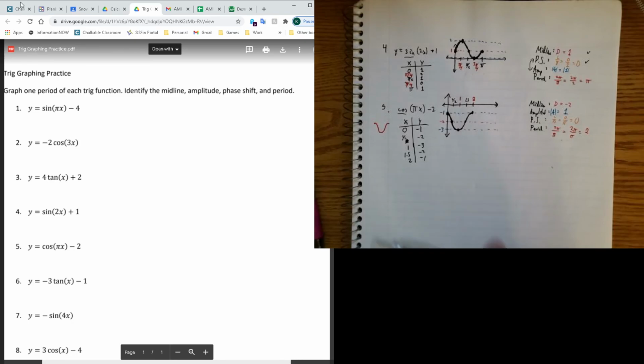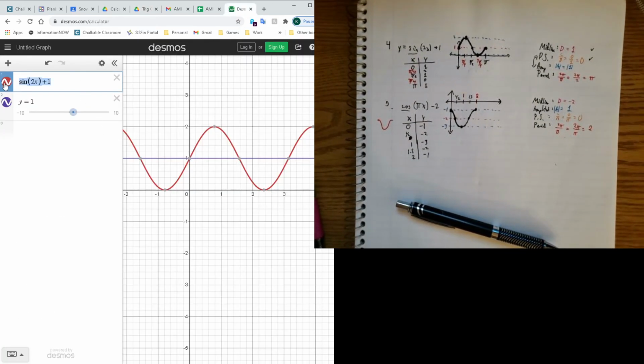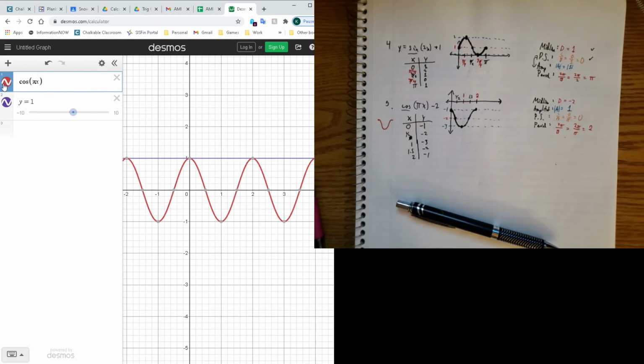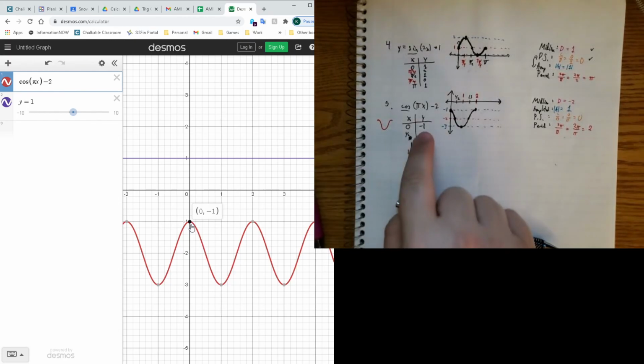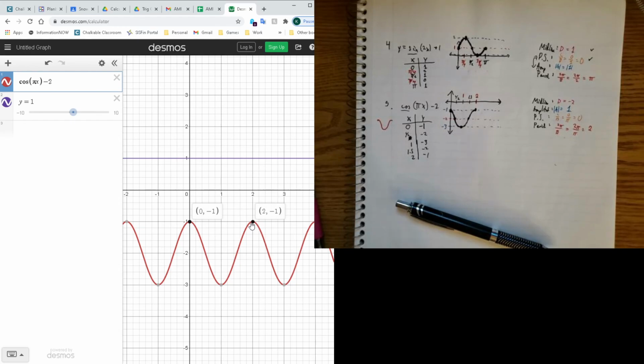Man, that's pretty. All right, Desmos, speak to me your wisdom. Cosine of pi x minus 2. Okay. Starts 0, -1. Yay. Ends 2, -1.